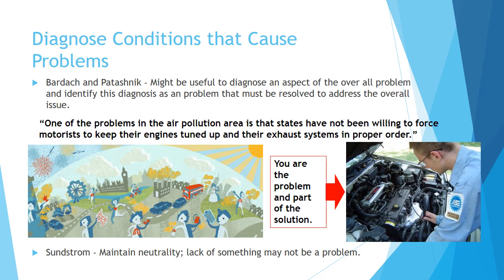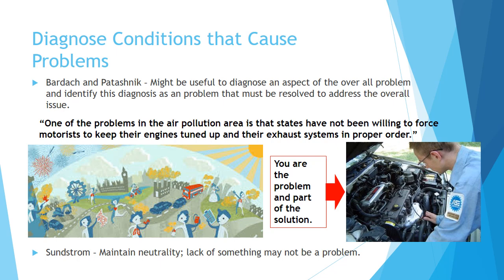You also want to diagnose conditions that cause the problem, or at least that's what Bardach and Patashnik say. They identify that it might be useful to diagnose one aspect of the overall problem and identify this issue as a problem that must be resolved to address the overall issue, which is kind of convoluted.